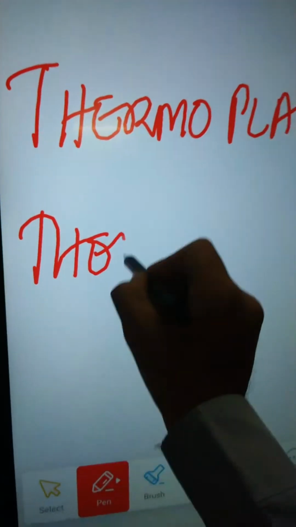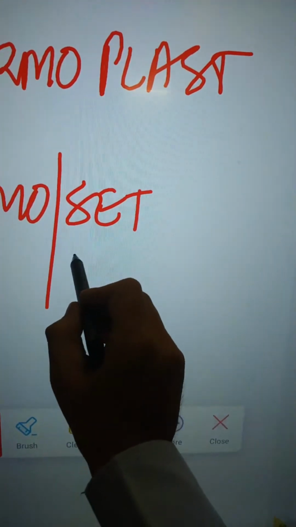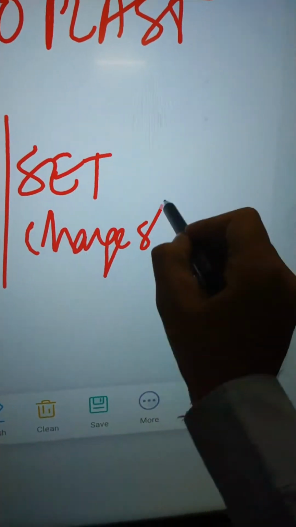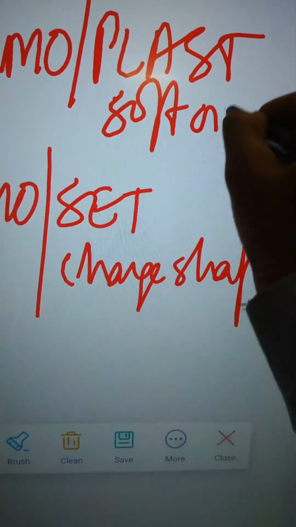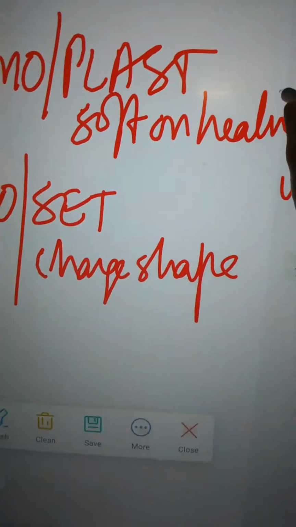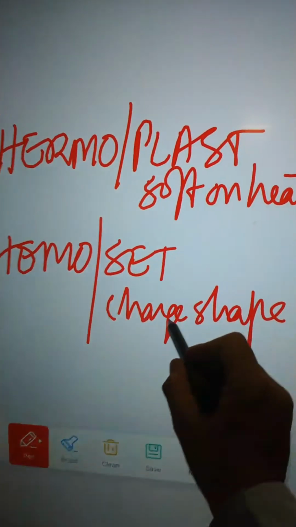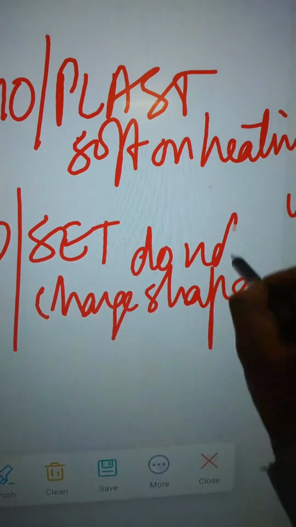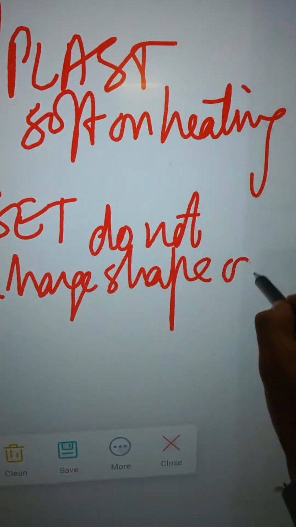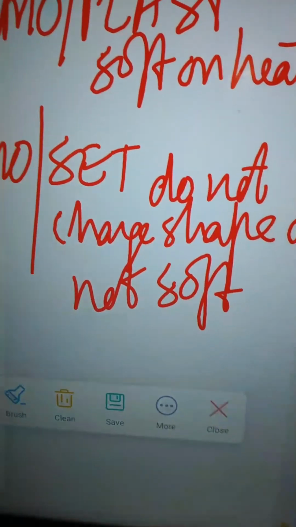Thermoplastics become soft on heating, and thermoset plastics do not change shape. They do not become soft.